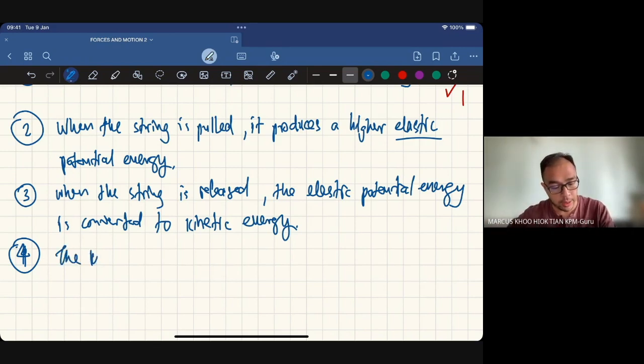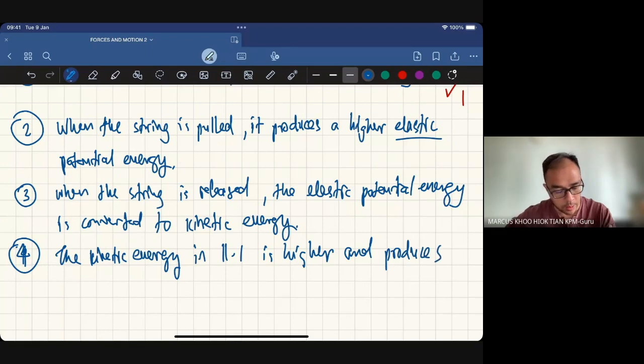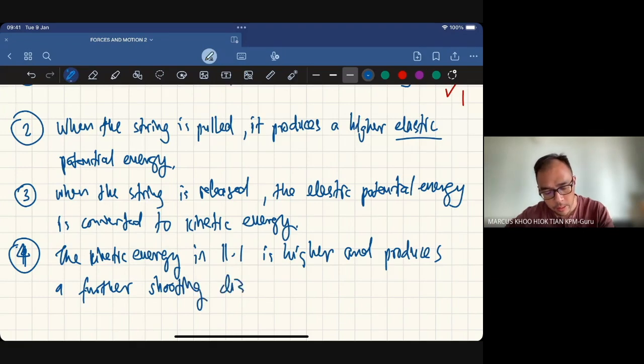The kinetic energy in 11.1 is higher and produces a further shooting distance.